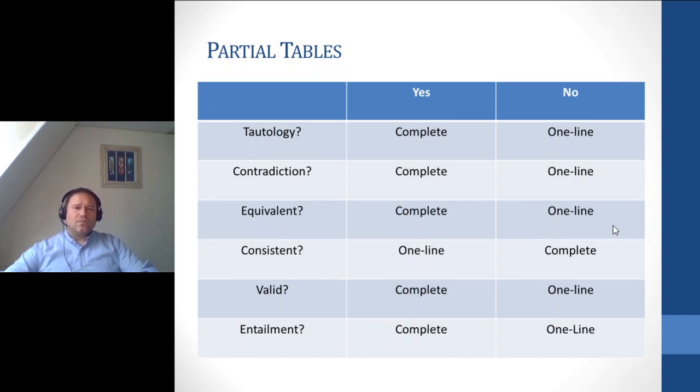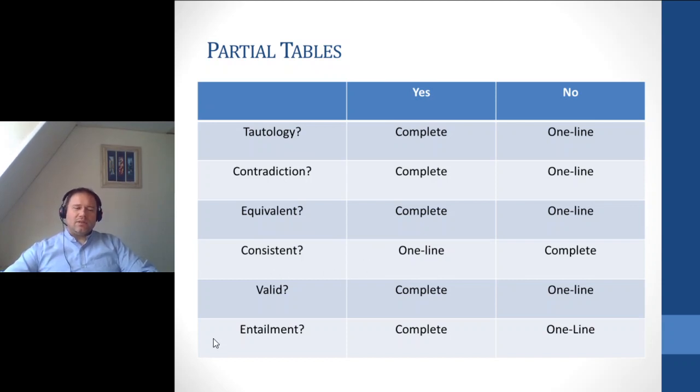To show that they're not, we only need one where they differ. When we think about whether some sentences are jointly tautologically consistent, to show that they are, we only need one line. To show that they're not, and hence that they're tautologically inconsistent, we need the full table, because this is the only way to show that there's no valuation that makes them all true.